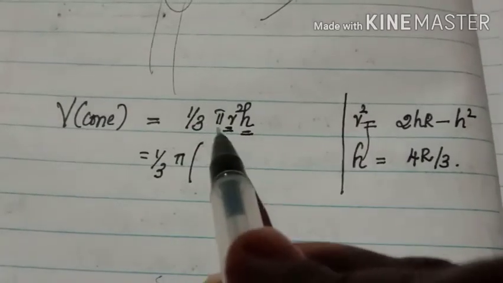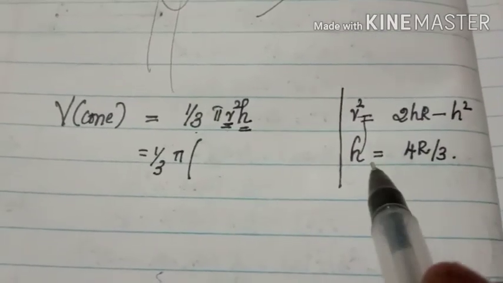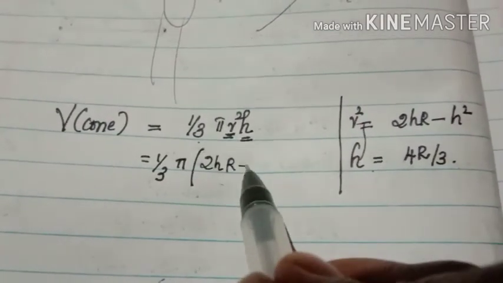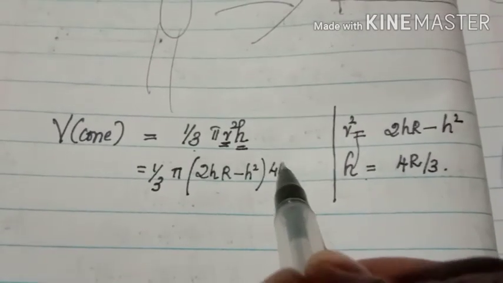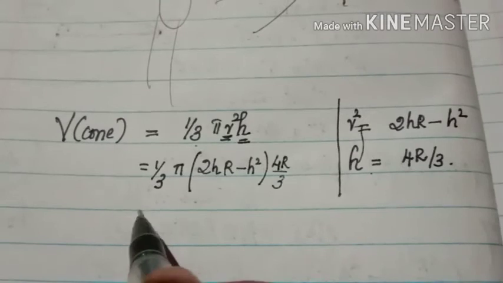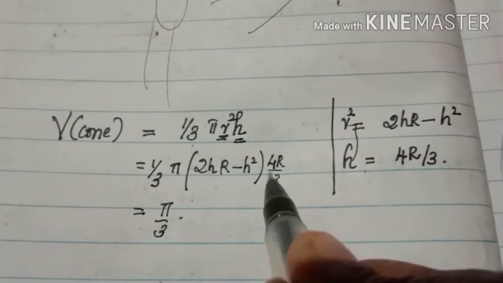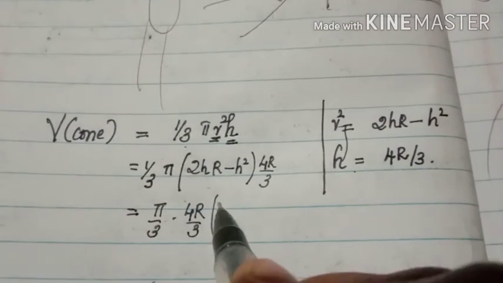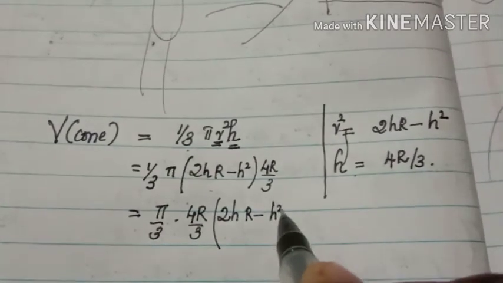Maximum f of h is the local maximum, and the local maximum value is attained when h equal to 4r by 3. Again, volume of cone equal to 1 by 3 pi r square h. Replace r square and h. R square is 2hr minus h square, into h which is 4r by 3. Okay. Now do the simplifications. So pi by 3 into 4r by 3 into 2hr minus h square.